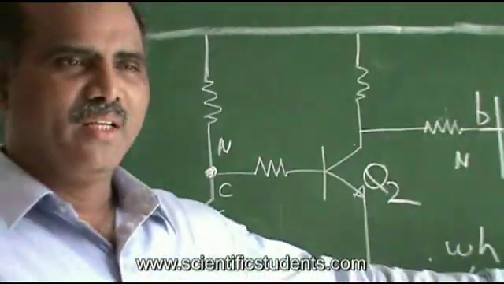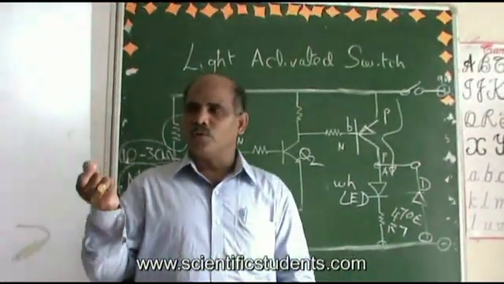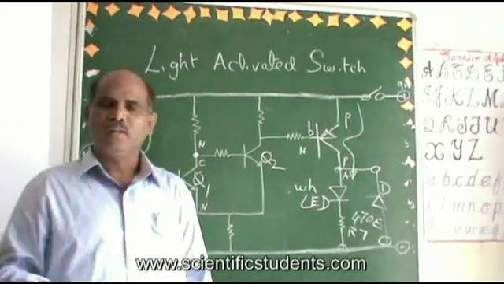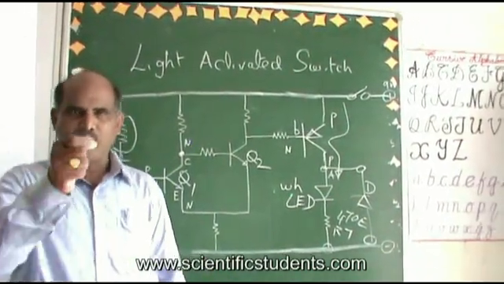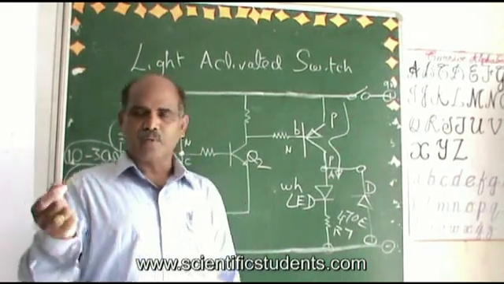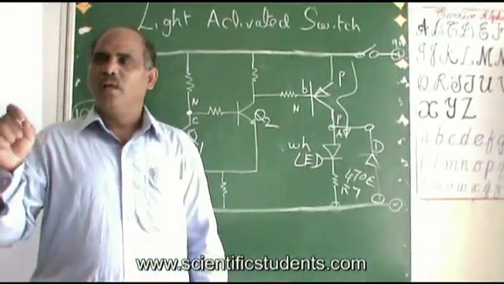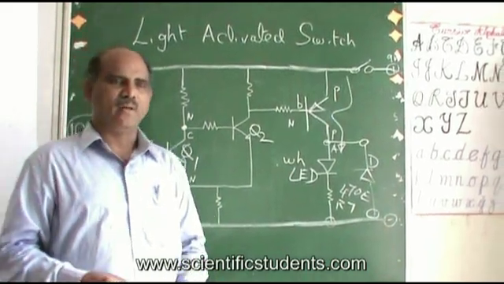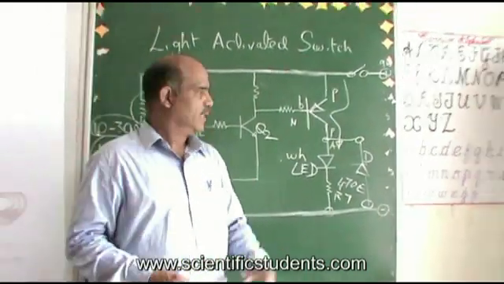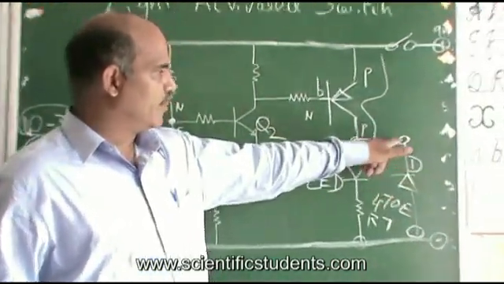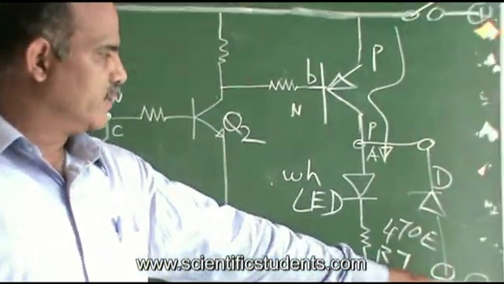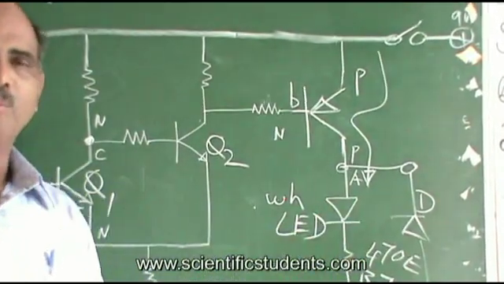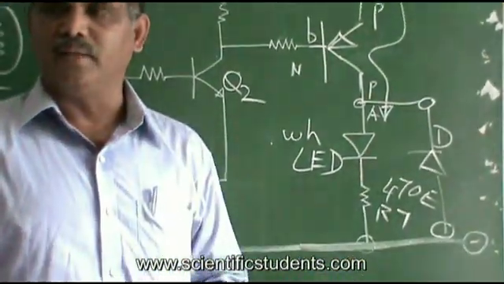That particular 4148 diode has a red portion and a black portion. The red portion is the anode and the black portion is the cathode. The cathode must be put onto the positive side and the anode on the negative side. It is given on the board, you don't have to worry about that, okay?